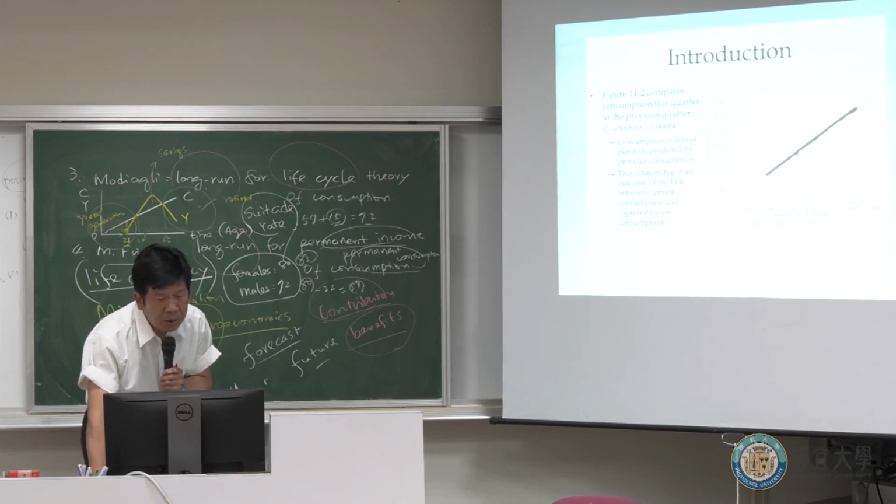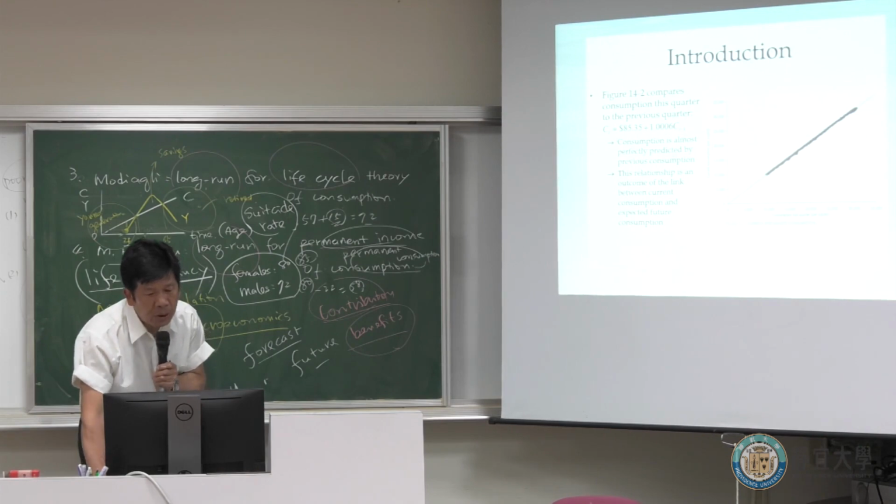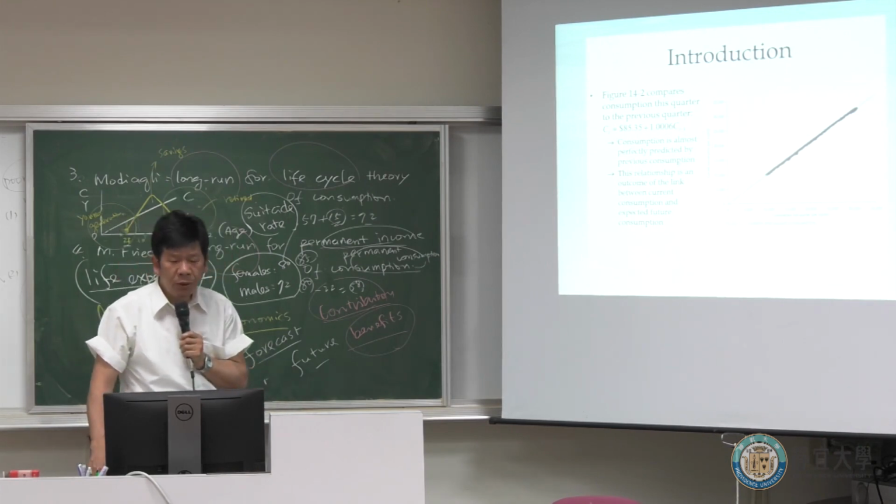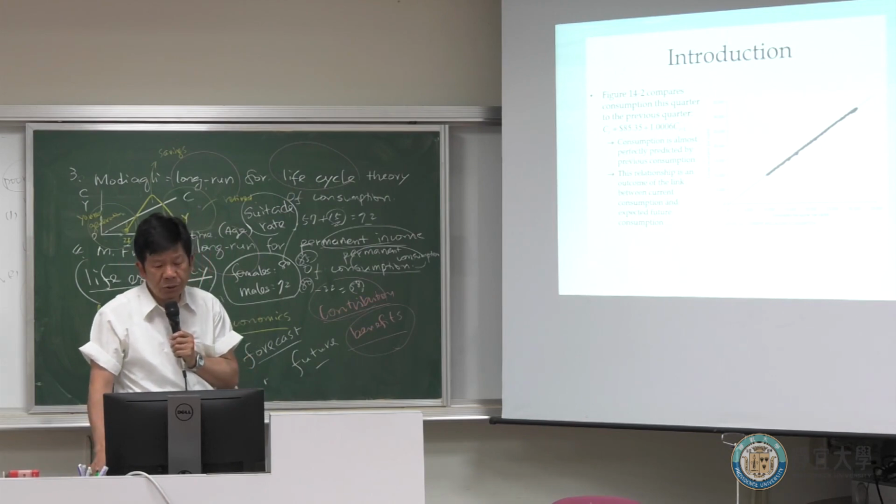For example, C_t equals 85.35 plus 1.00 times consumption at t minus 1. It means everybody needs to make their decision.